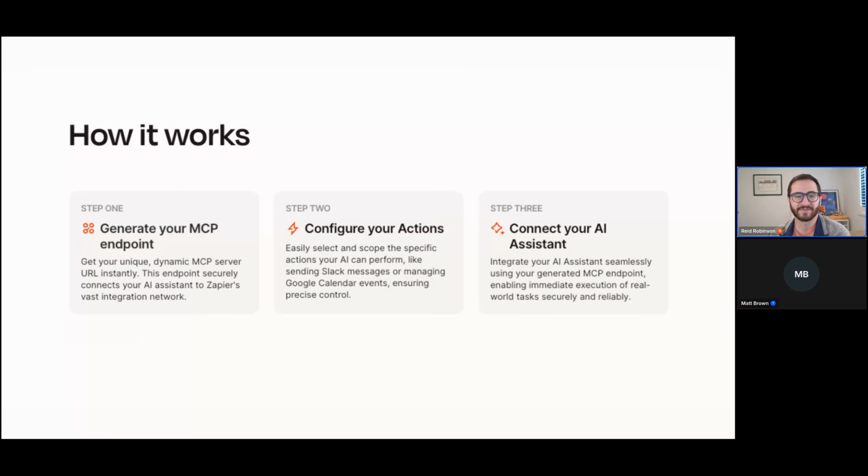You'll see that the first thing you do is you create a server, and a server is your place to house your tools that you're giving to a particular model or a particular app. So in this case, like Claude, Cursor, and so on and so forth. Then you're going to give it your searches and actions. So those are the tools. And then you just give it to one of your AI tools that you're working with. And that's as simple as it is to be able to do.